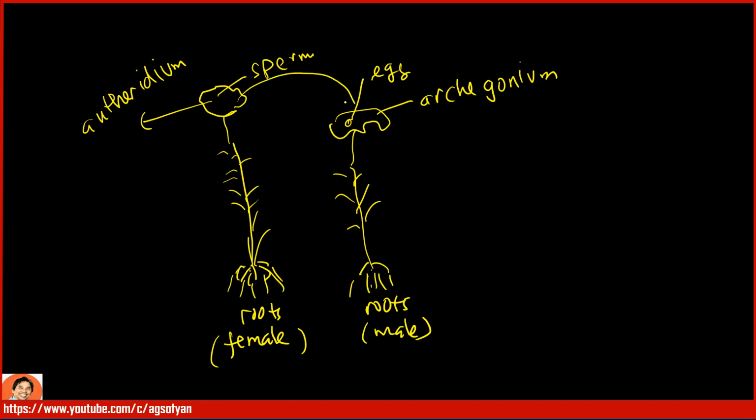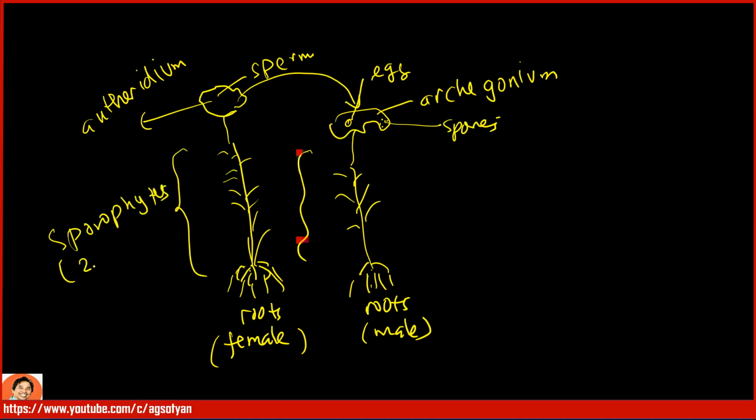When the sperm fertilize the eggs, they become spores. So all of this over here is the sporophyte, which is diploid. The spore will be haploid.